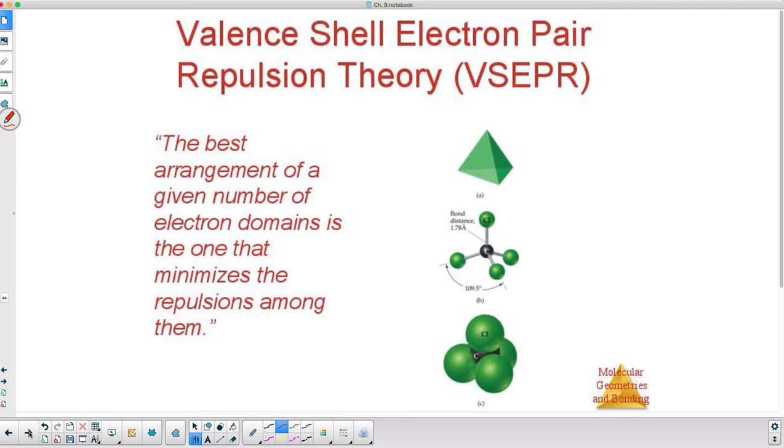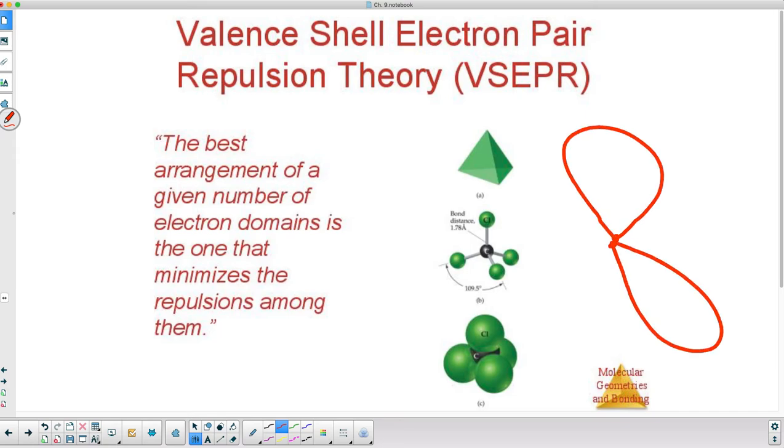I've said this before in class, imagine having balloons and tying the knots of those balloons together. If you have 3 balloons, you would have one tied here, another tied there, and another tied there, and you would start to see what that shape looks like. Molecules work exactly the same way, but instead of balloons, we have electrons.